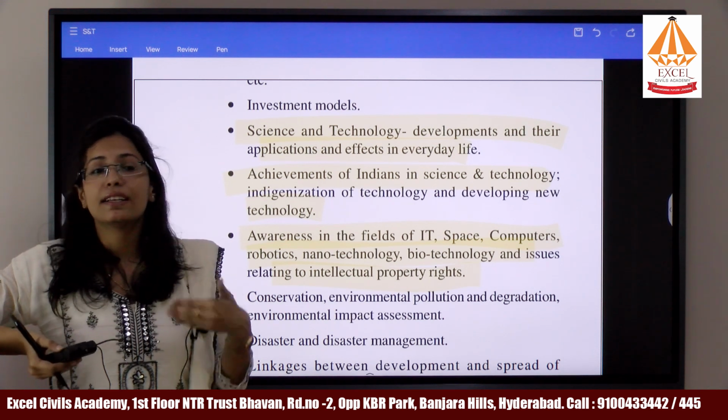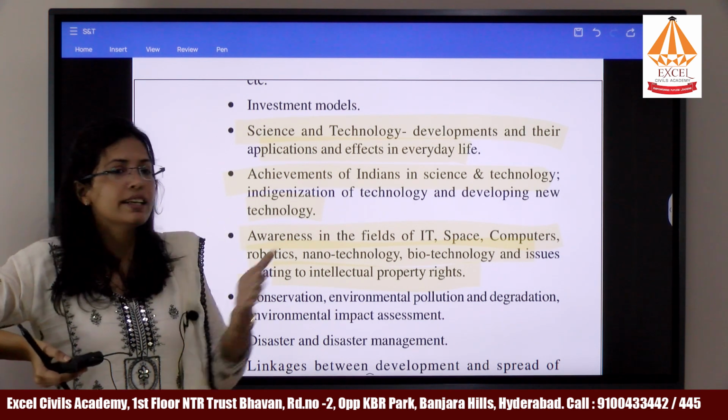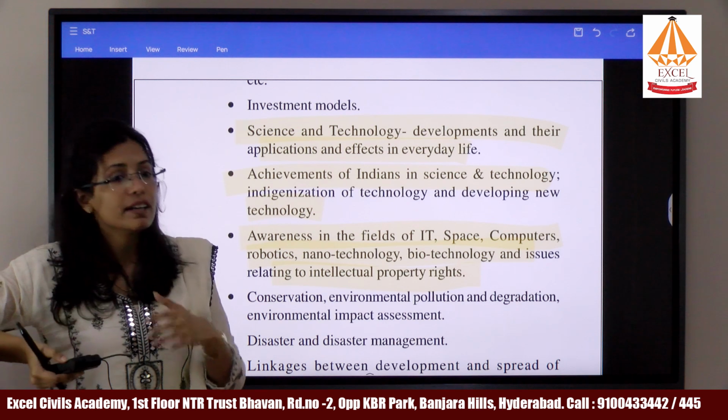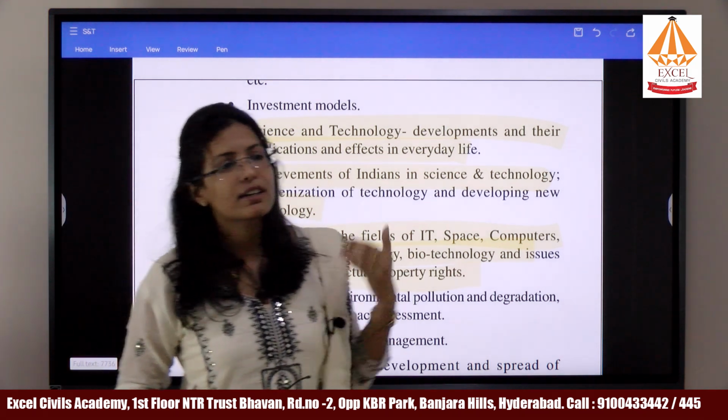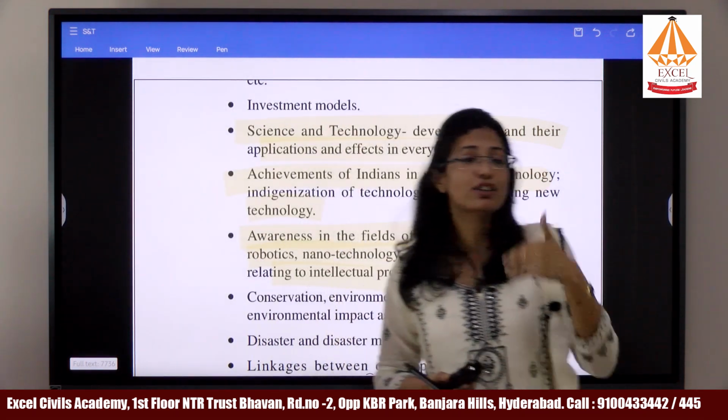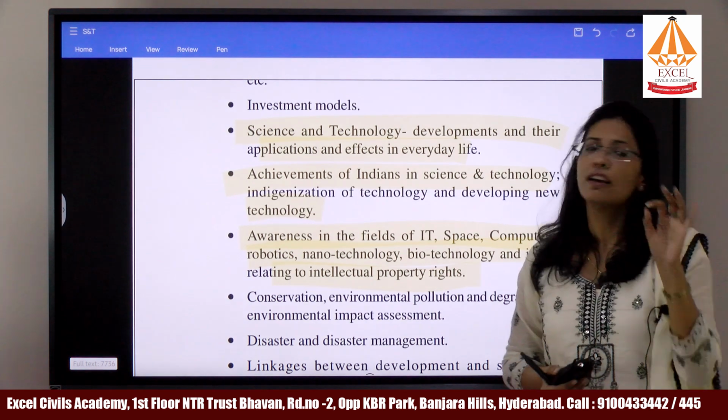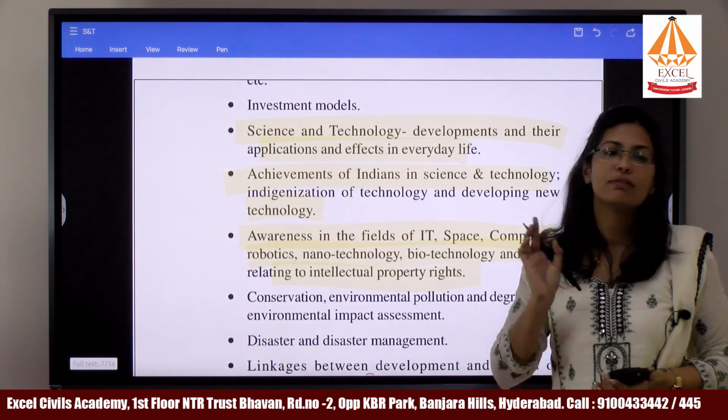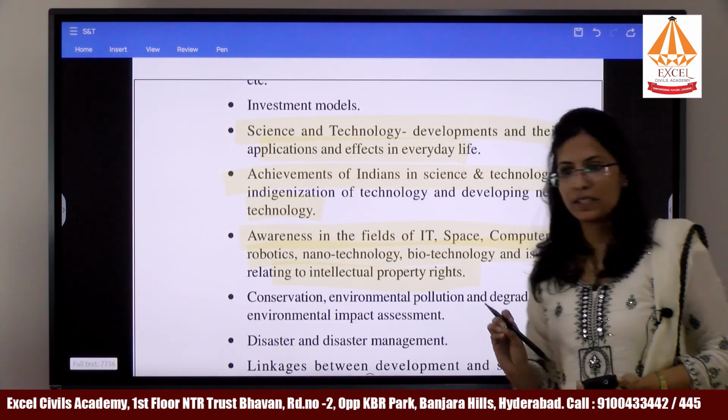Why? We are getting into civil services, not technical services. So any technology which has a huge impact on the society, very likely that aspect will be focused on by the UPSC examiners.